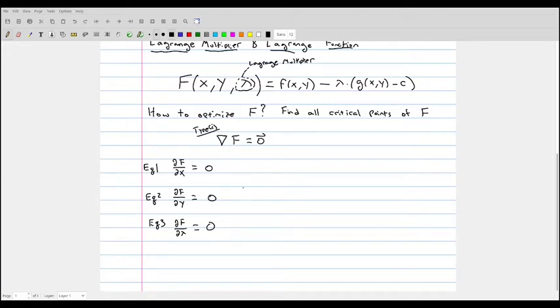And it turns out that these 3 equations have a lot of geometric significance. If we take the x partial derivative of this function right here, this is the same thing as the x partial derivative of lowercase f minus lambda times the x partial derivative of g.